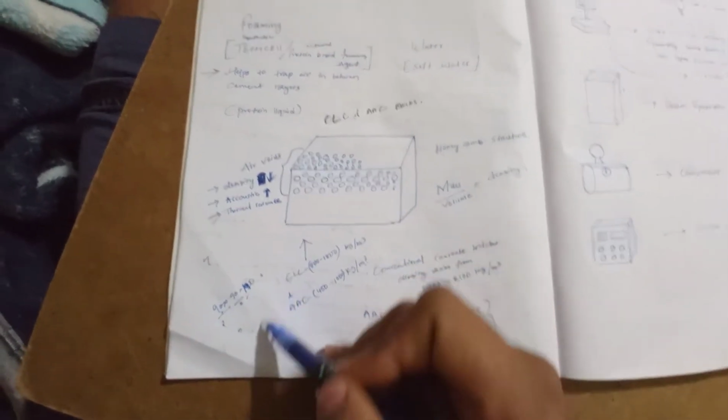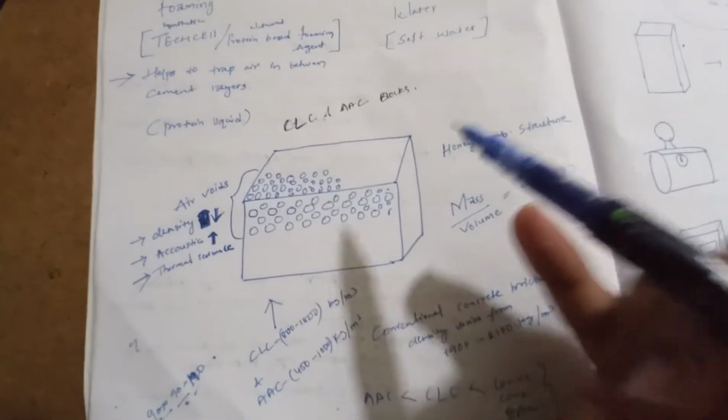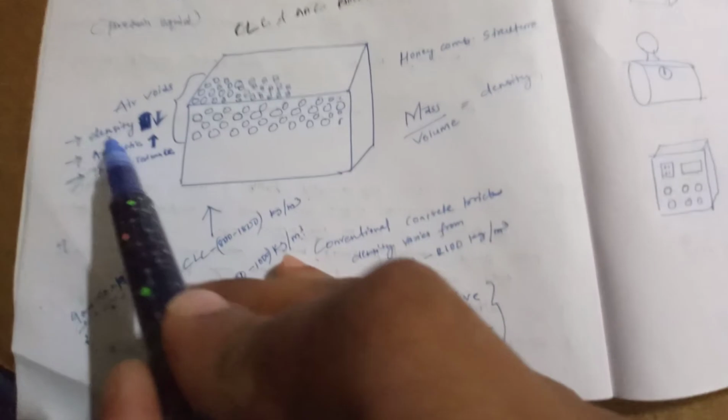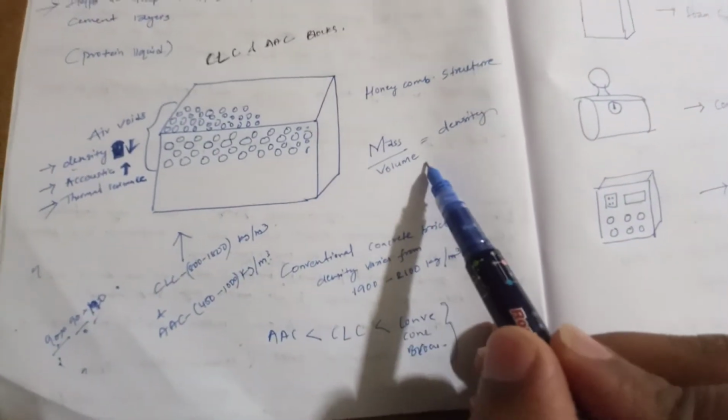200 mm. Coming to AAC or CLC blocks, why we use them is that they make the density very low. Density is mass by volume.